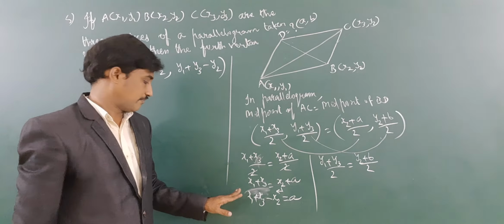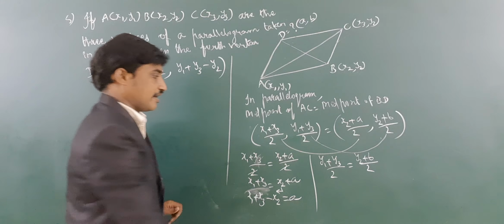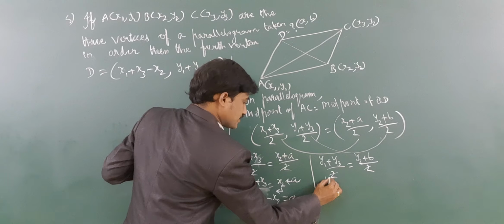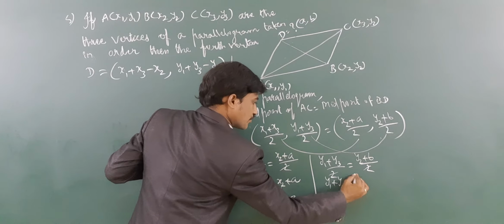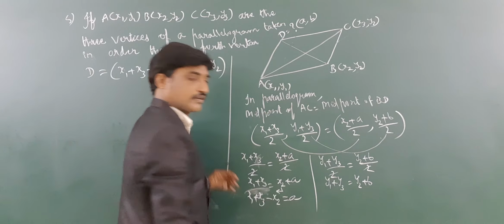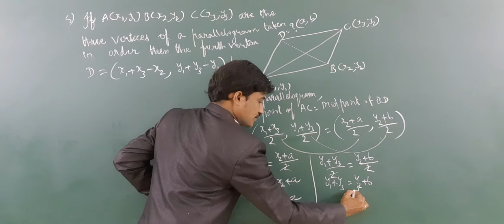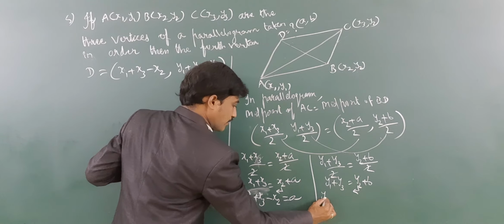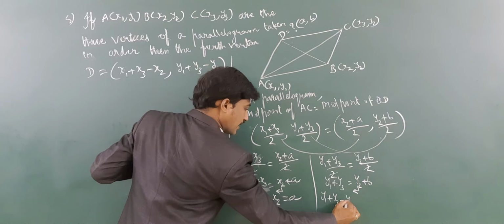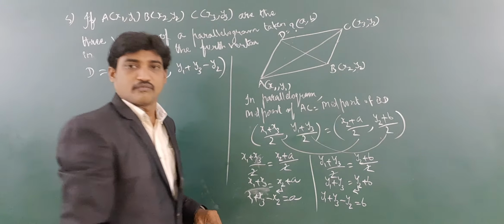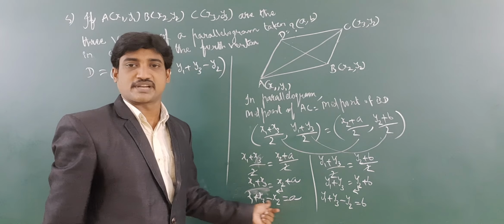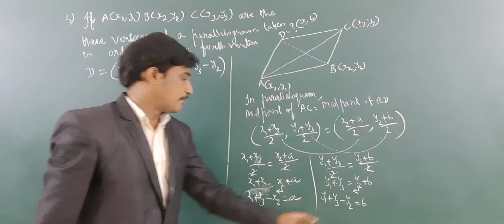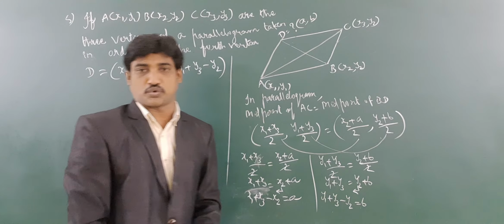Similarly, y1 plus y3 is equal to y2 plus b, and y2 transposes to the left, so that becomes minus y2. y1 plus y3 minus y2 is equal to b. We have a is equal to x1 plus x3 minus x2, and b is equal to y1 plus y3 minus y2.